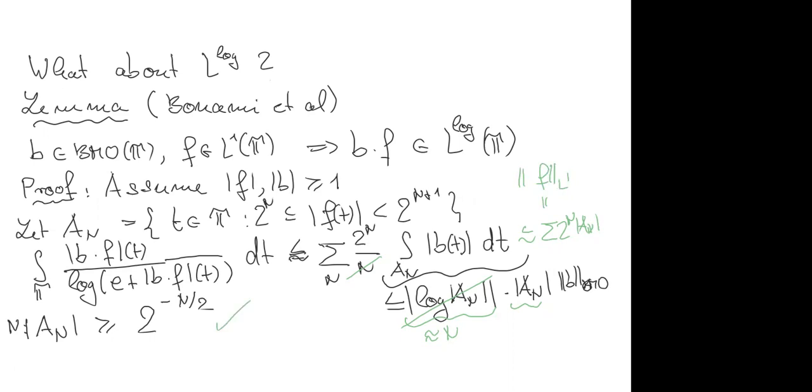Another case then, we might have other n's. We also have to consider the An's which might be smaller. In that case, we have a slightly different estimate. So we have a sum over all n's. Here we have a 2 to the n over n.